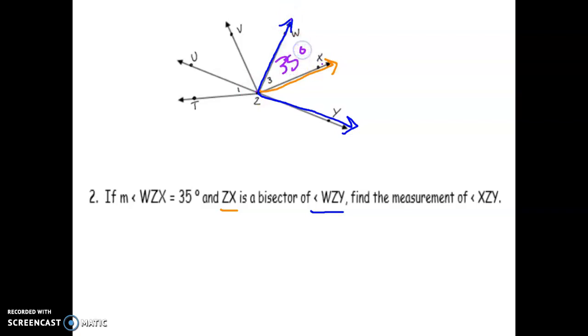So if this is 35, my question is asking, find the measurement of XZY, which is right here. Again, you're going to write your answer as the measurement of XZY equals, and then give me your answer. If you're ready, move on with us. If you need more time, go ahead and pause.